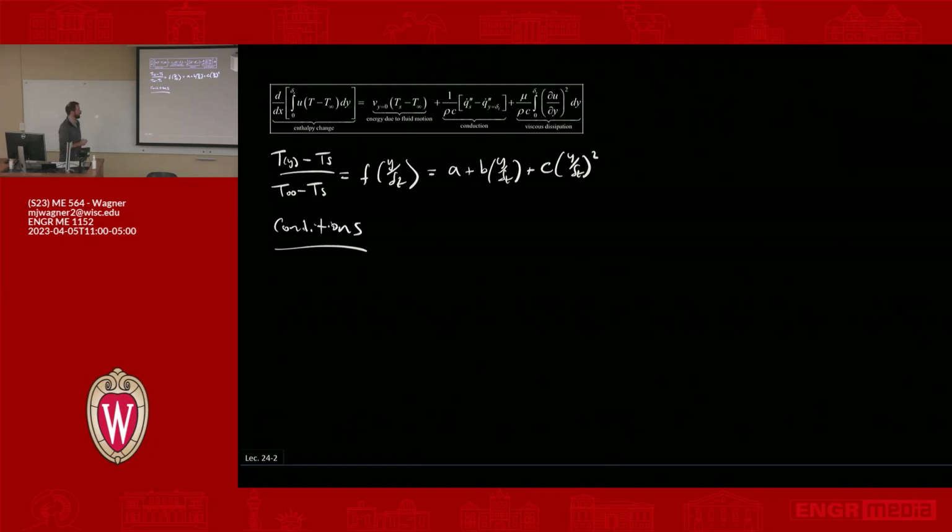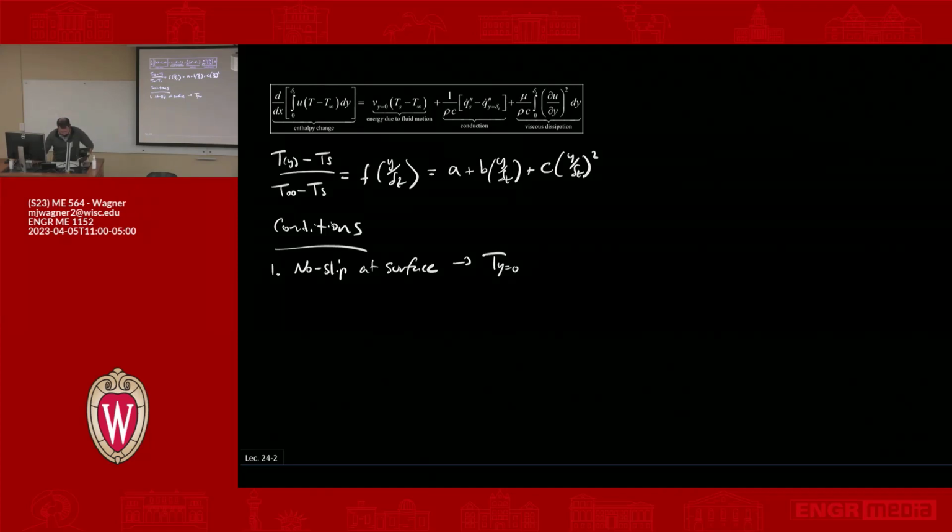There are, again, an arbitrary number of conditions that you can come up with. We will put 4 of the most common ones, probably in their order of frequency. The first would be no slip at the surface. What that really means is T at y equals 0 is equal to Ts.